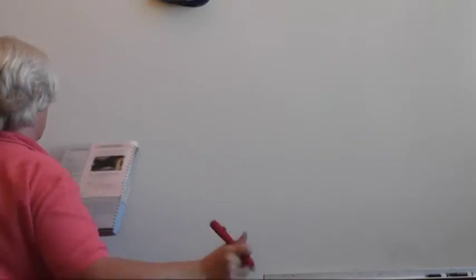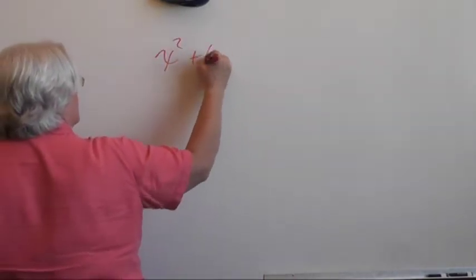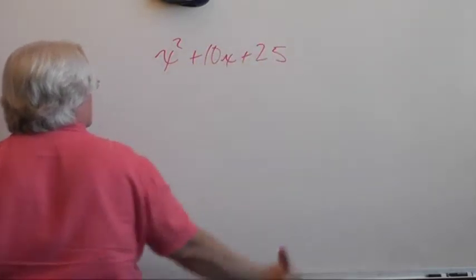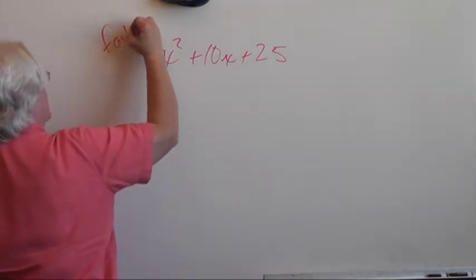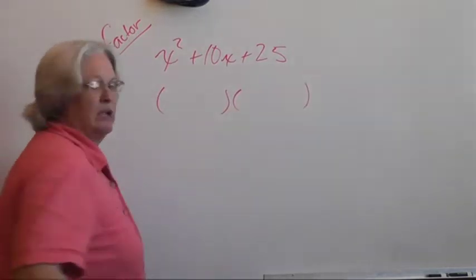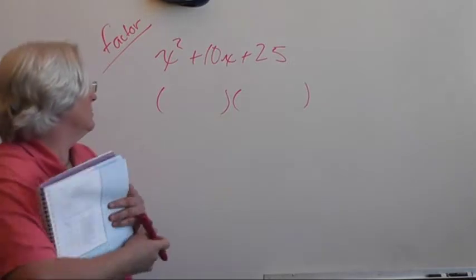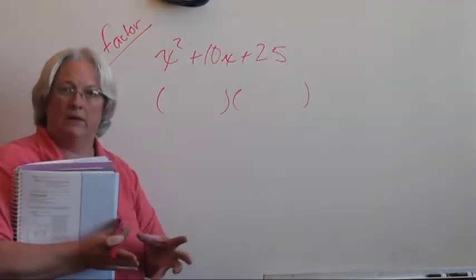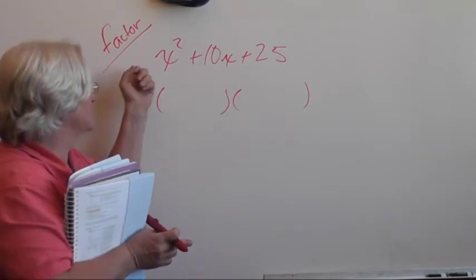And this is where the instructions say factor this trinomial, x squared plus 10x plus 25. And you remember that when you're factoring a trinomial, you are going to be breaking that up into 2 binomials that when you multiply them together, it results in a trinomial.